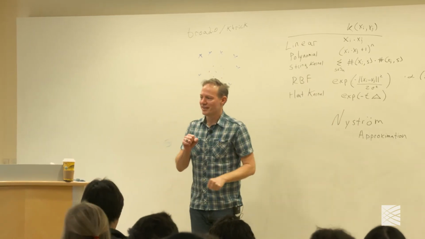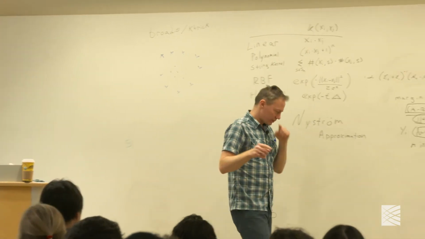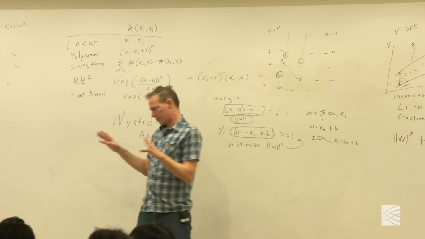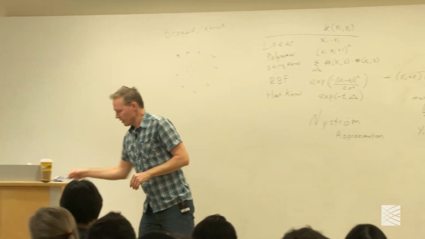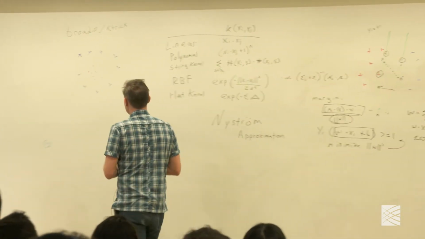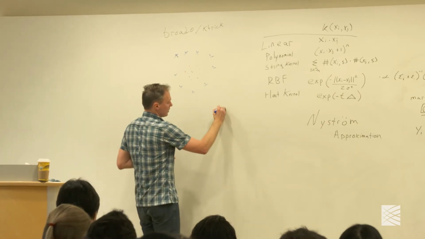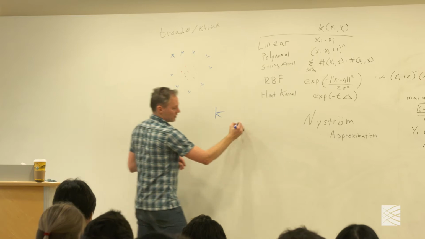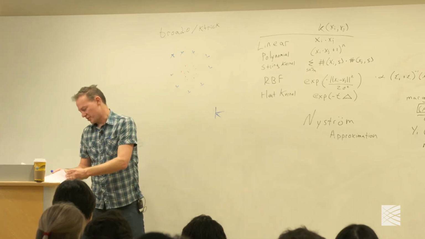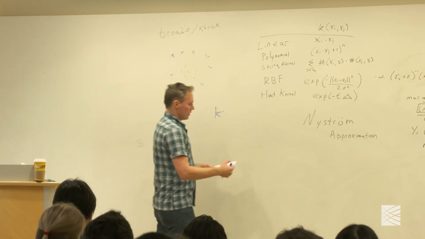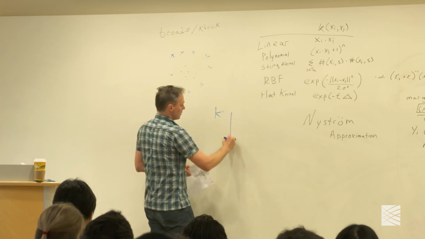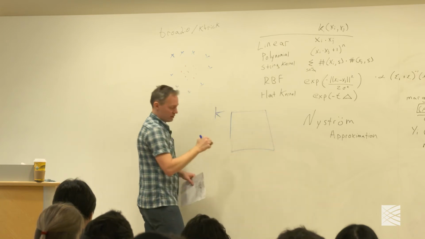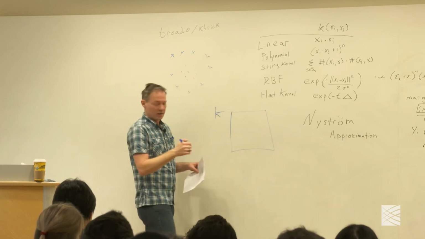Which part? Oh, so you claim that you have a commutative diagram that's approximate. What is that diagram? That diagram is this, the kernel matrix, all pairs of all data points under the kernel.